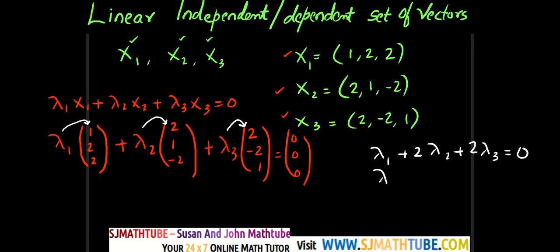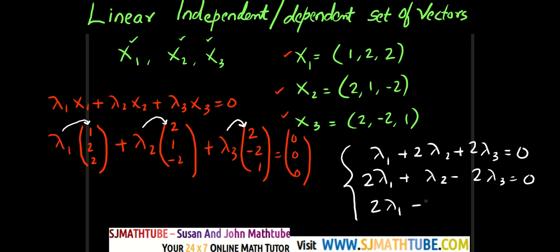The second is 2 lambda 1 plus lambda 2 minus 2 lambda 3 is equal to 0. And the third is 2 lambda 1 minus 2 lambda 2 plus lambda 3 is equal to 0.